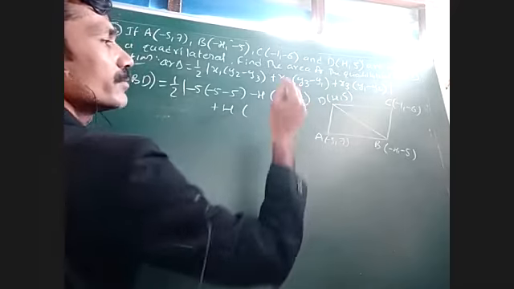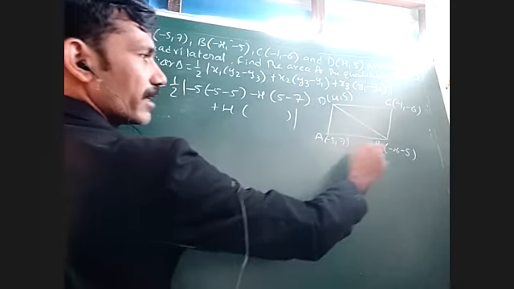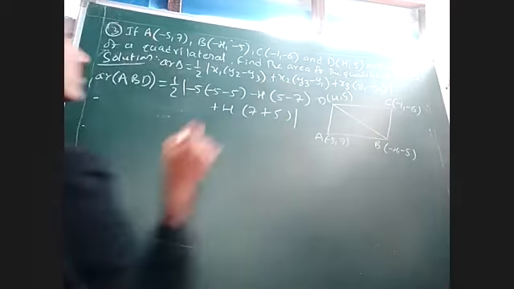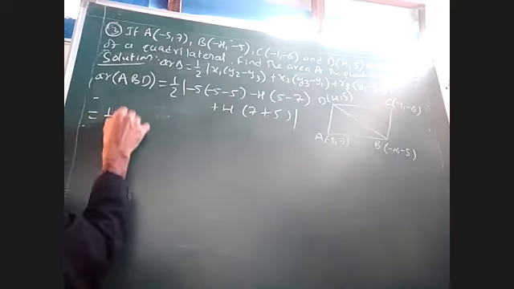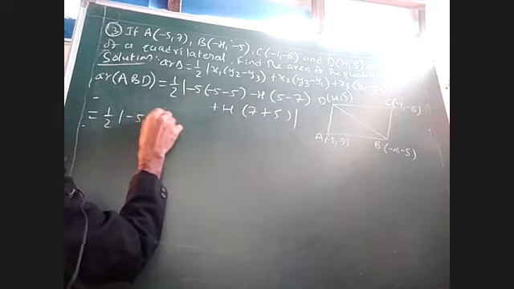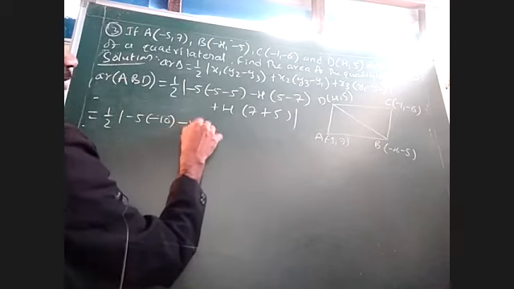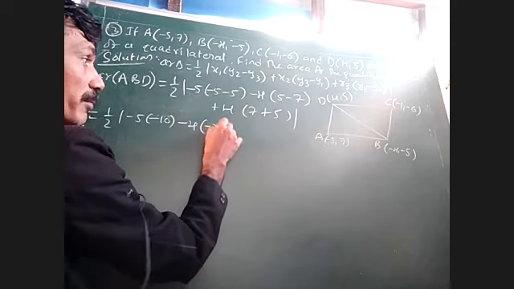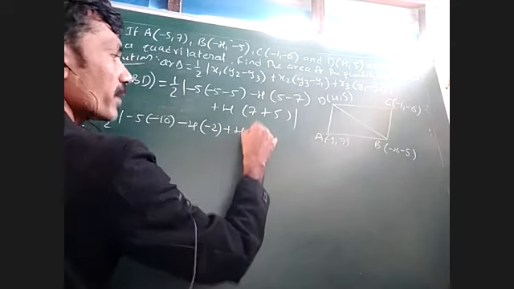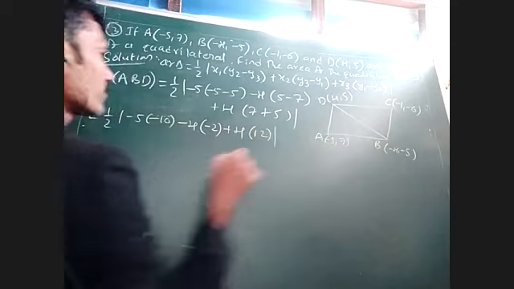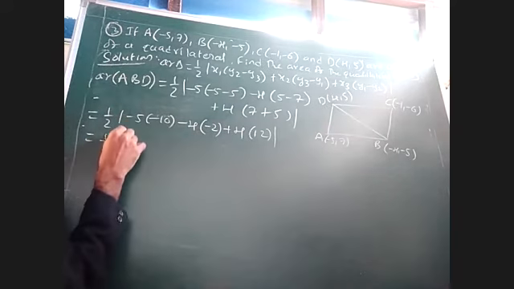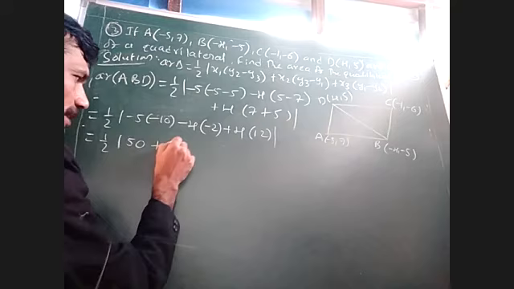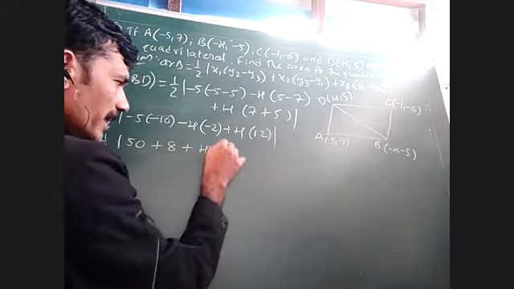Next, x3 we wrote here 4, then y1, 7 minus y2. Minus of minus is plus. So half of minus 5 inside brackets, minus 10, that is minus 4... 5 minus 7 means the value will be minus 2. 4 times 7 plus 5, 12. Half of this is 50, minus into minus plus 8, that is 48.